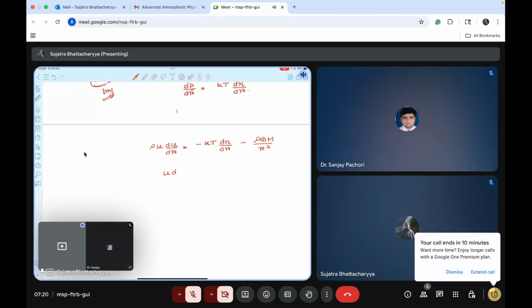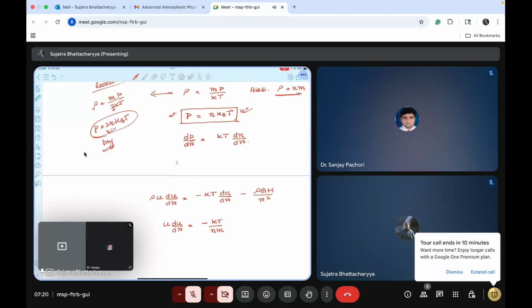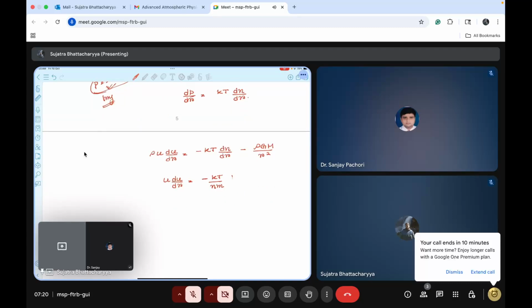So u du/dr will be equal to minus kT divided by n times m, because rho is n times m, dn/dr minus GM by r. So I have divided it by rho. This is the expression we are getting.